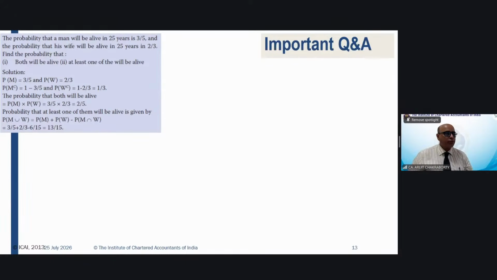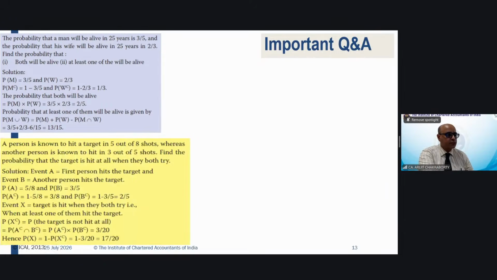Now the next problem. We will take up very important problems from the chapter of probability. We take the second one. A person is known to hit a target in 5 out of 8 shots. Another person can hit in 3 out of 5 shots. Find the probability that the target is hit when they both try.